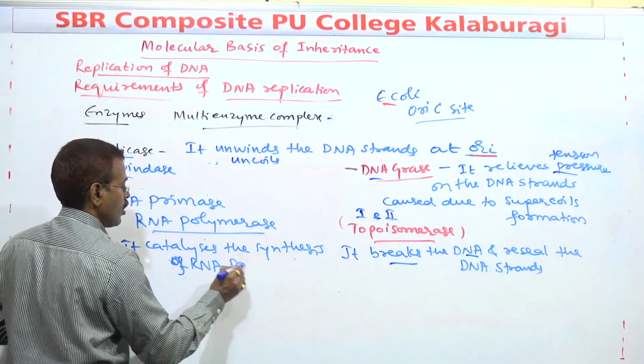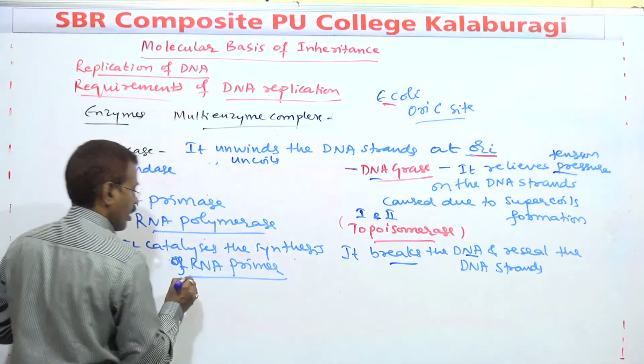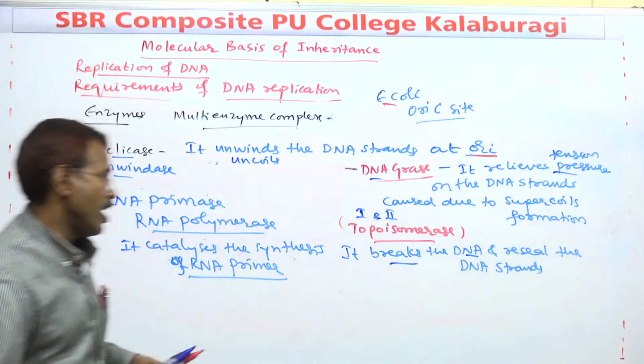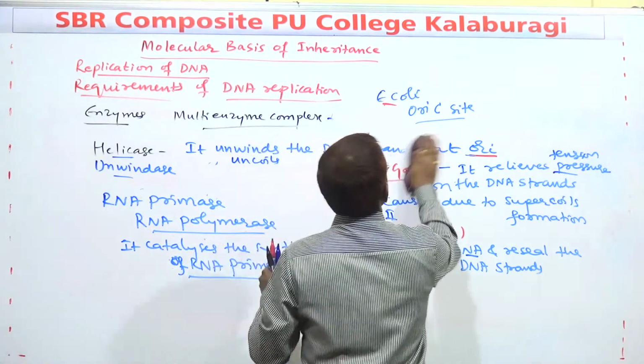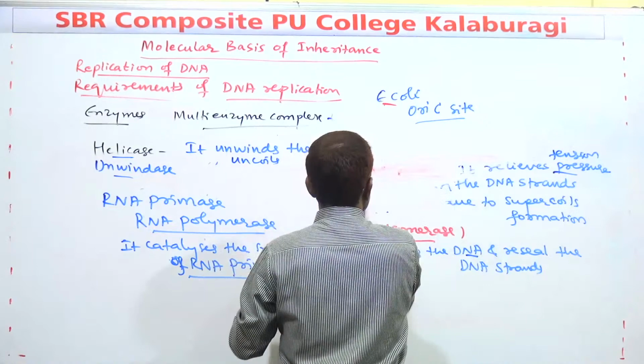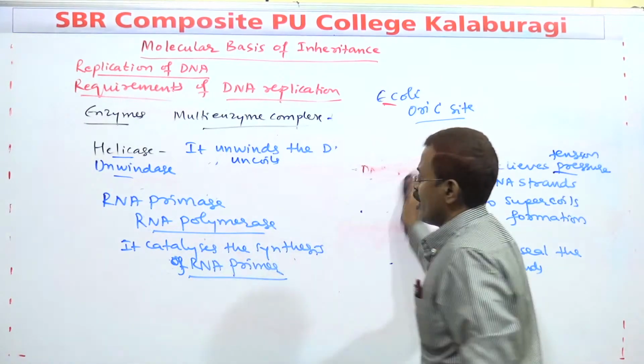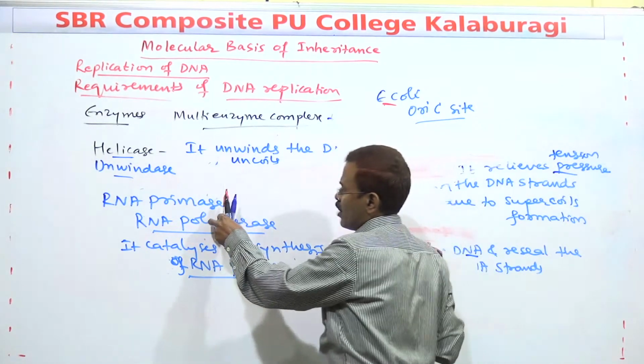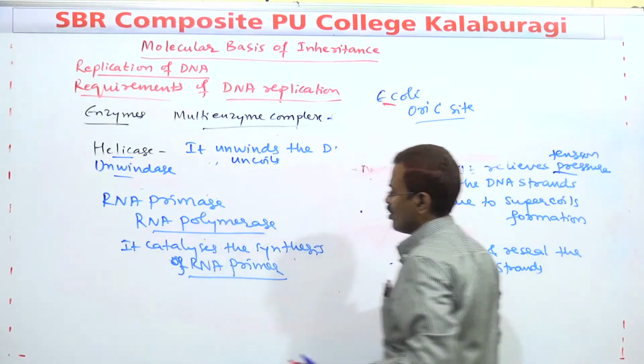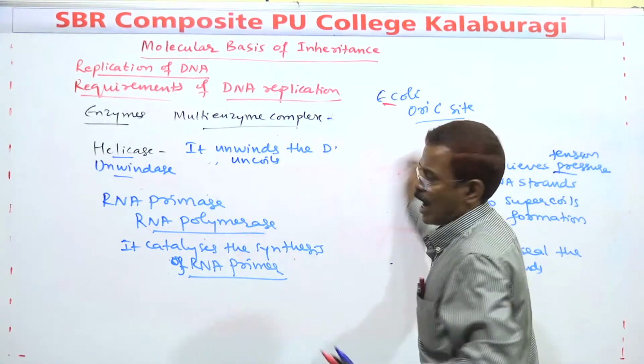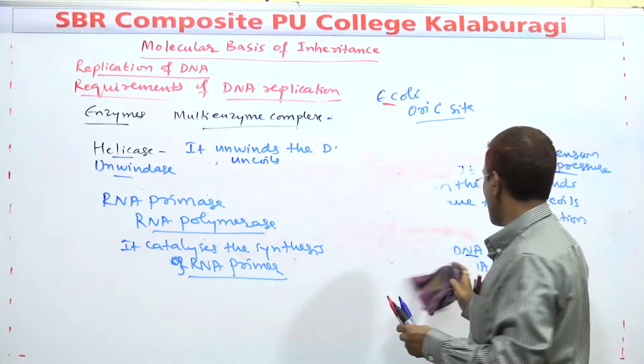It catalyzes the synthesis of RNA primer. So RNA primase is nothing but RNA polymerase enzyme which catalyzes the synthesis of RNA primer. We will come to know what is RNA primer.